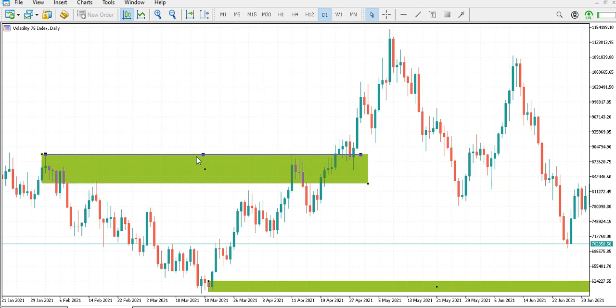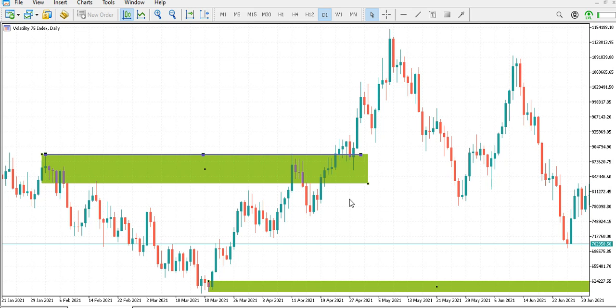So this was our buy, and then our stop loss just below this rectangle, and in here we would have been in the money.